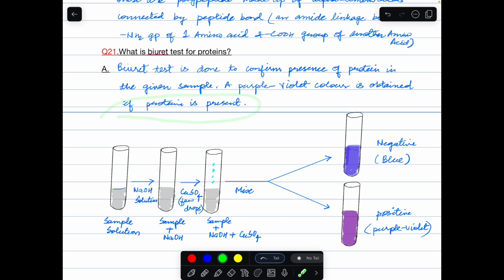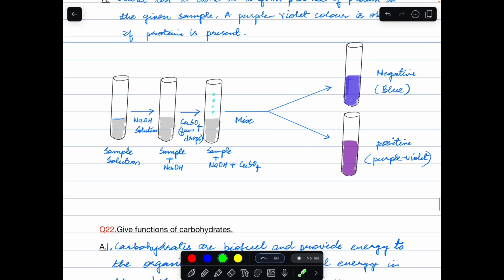And how is the test conducted? You will take the sample solution, whatever sample is provided to you, make a solution, then add sodium hydroxide into it. After adding sodium hydroxide, you will add a few drops of copper sulfate. Then you will mix these three together, and after mixing, if proteins are present, you will get a purple violet color like this.